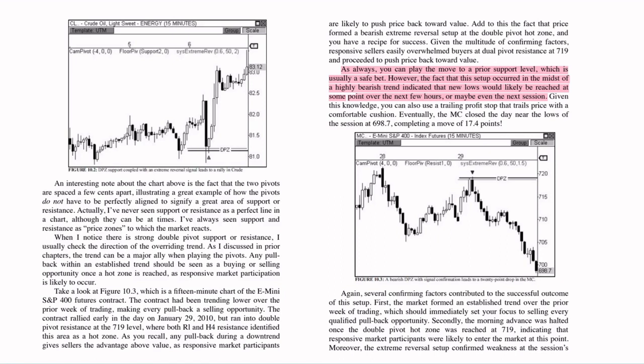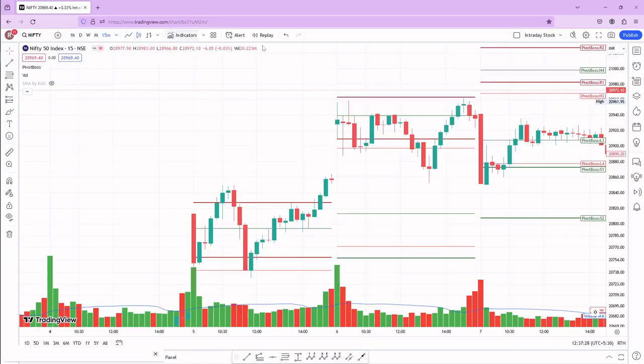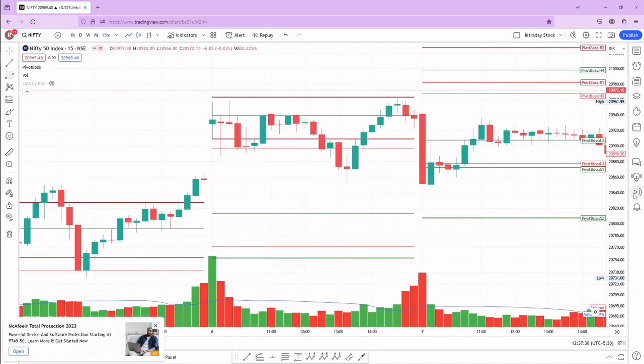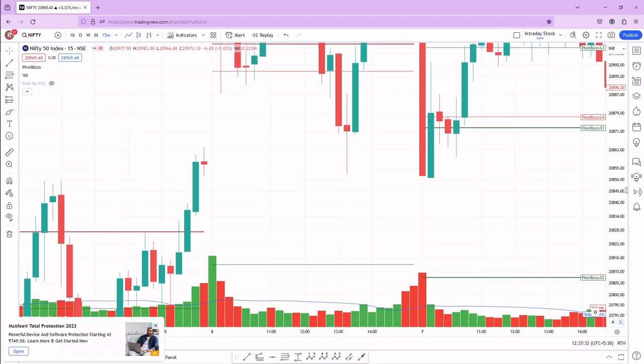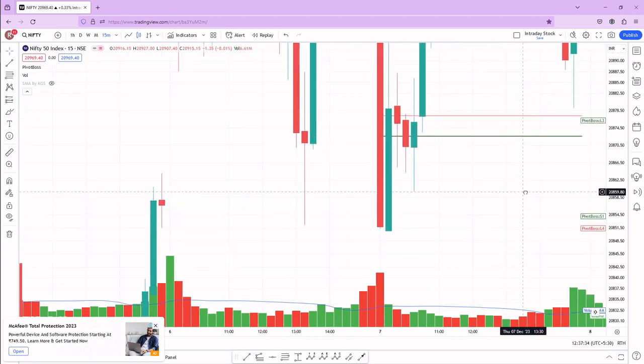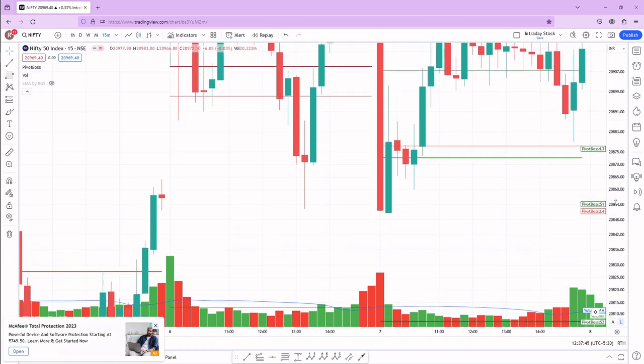What he is telling is, for example at this point, if you see, I'm just expanding more, these are 2 points. This value is around 20,877 and this value is around 20,872. Both are lying in the same zone, within 5-10 points.